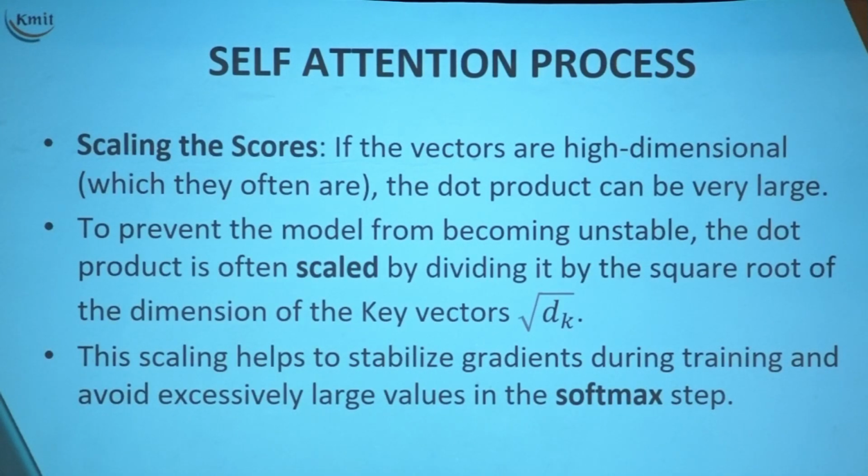So scaling, as I told you, it is done by dividing it with dimension of key vector to stabilize the gradients. And because you are using a probabilistic approach, you are supposed to use a softmax activation function. Things should not go haywire when a large dimension comes into picture. That is also one of the reasons where you try to scale.